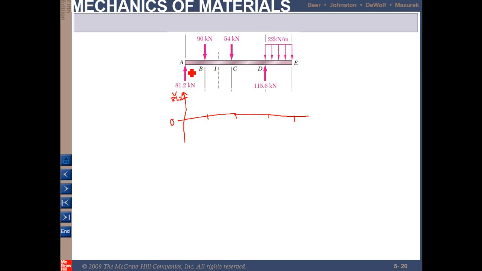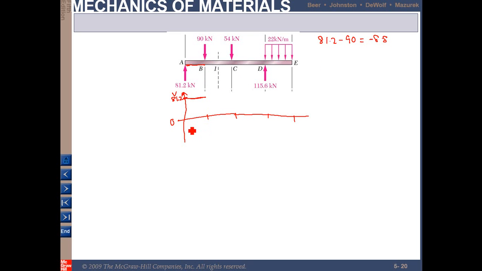So because from A to B, there is no any force acting in this section, for the shear force it will become a straight line because there is no force from here to here. And then suddenly at point B you have 90 kilonewton force going downward. So you have 81.2 minus 90, so you will get minus 8.8.